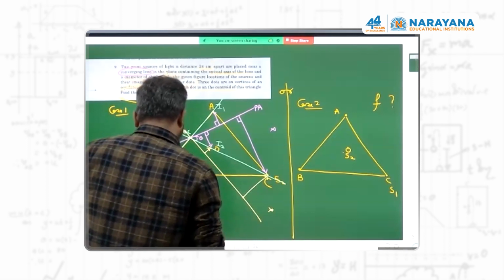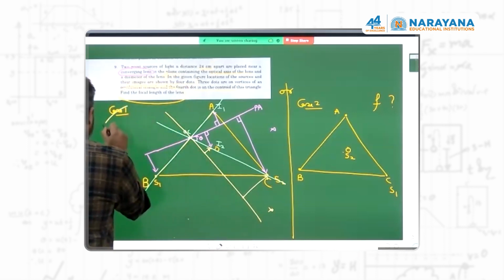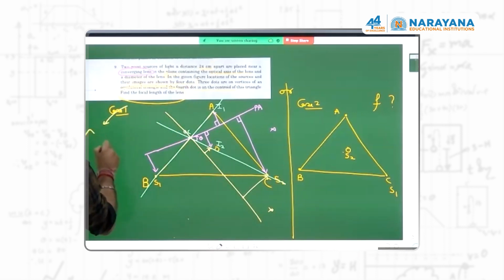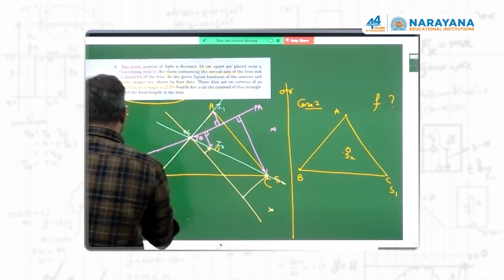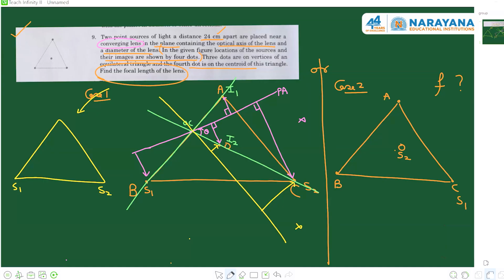Now in case 1 only, another student says, you have taken this point as S1, S2, and I1, I2 like this. So just change it. Maybe somebody says, I will take this point as I2. This is A, B, C, and here I have got my centroid, and the centroid I am taking as I1.